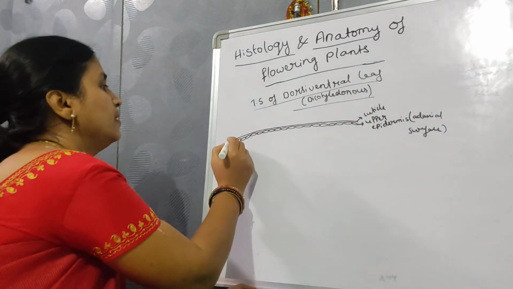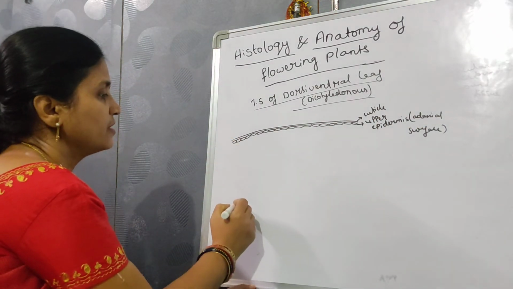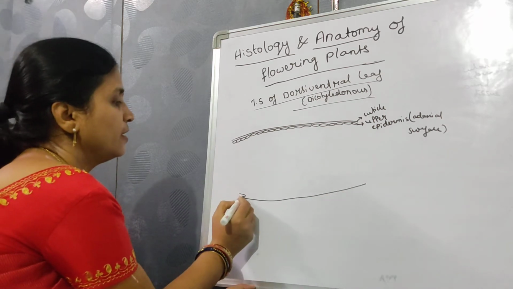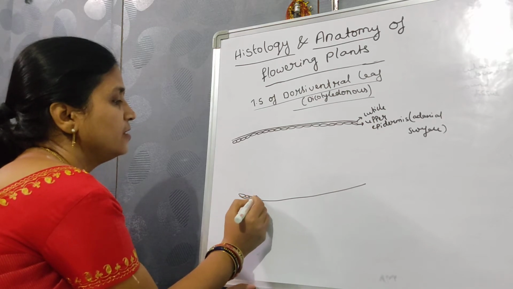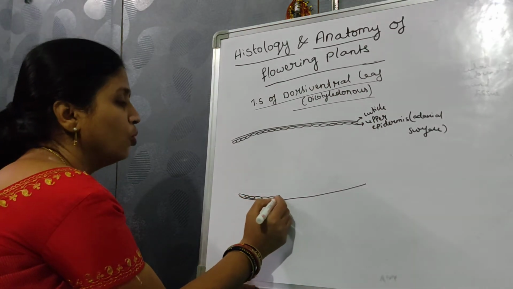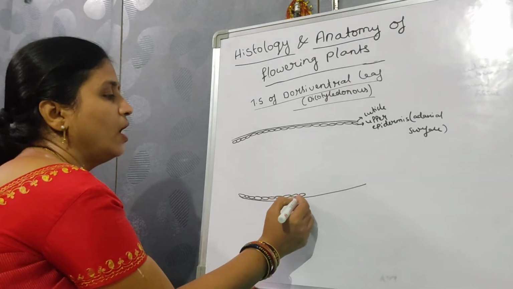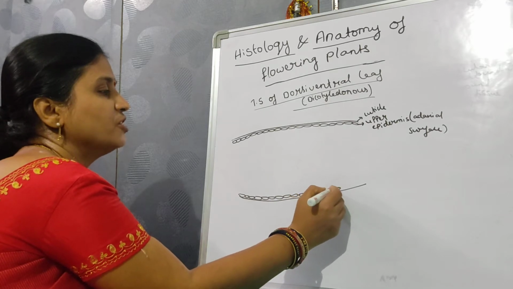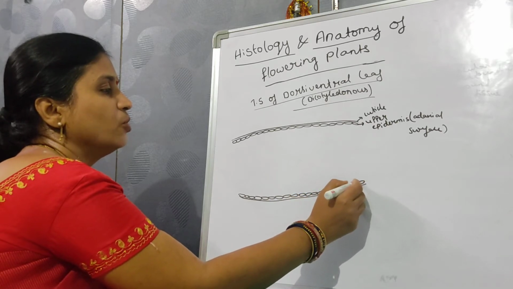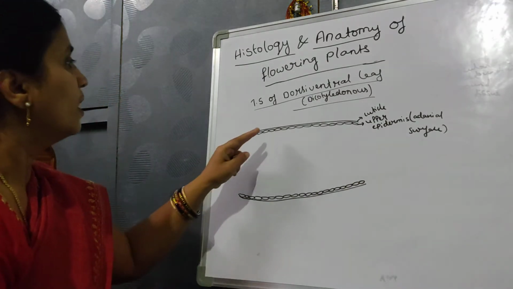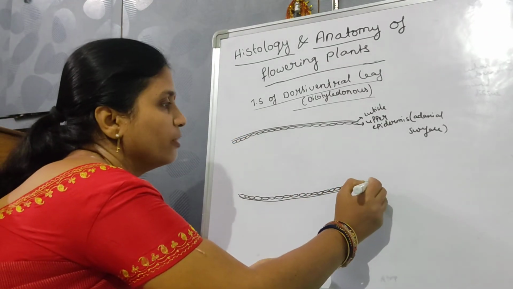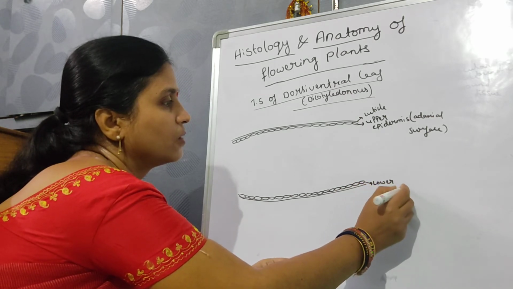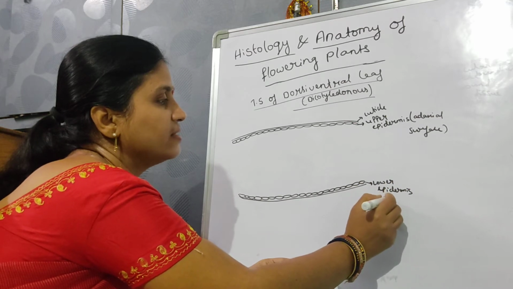Then it also has the lower epidermis. Cuticle is there, then epidermal cells. A single row of parenchyma cells without intercellular spaces is arranged. A single row of epidermal cells is present. So this is the upper epidermis, and this is the lower epidermis, which is also called the abaxial surface.